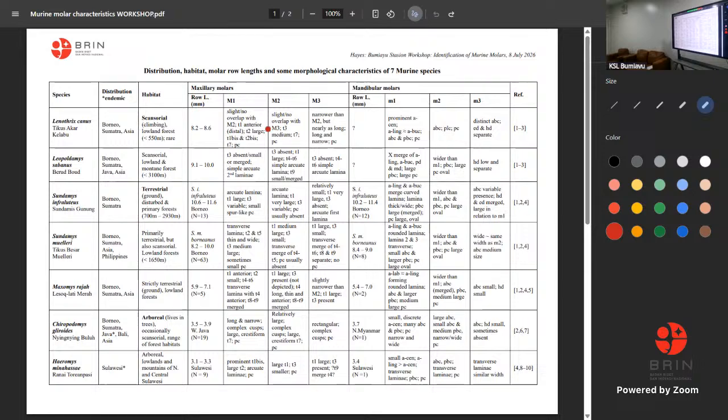If you look at your reference sheet for the maxillary teeth overlap, the M1 and M2 have a little projection of those cones that go over the next two. So the M1 overlaps the M2, and the M2 overlaps the M3.